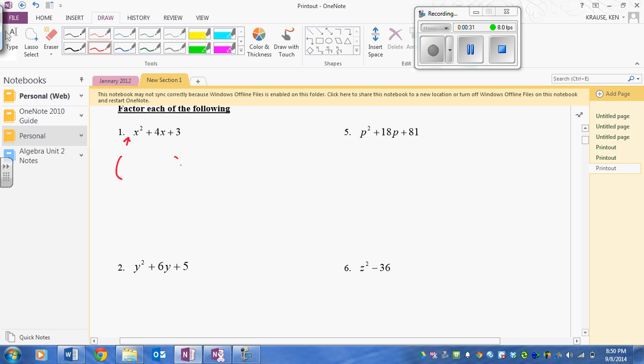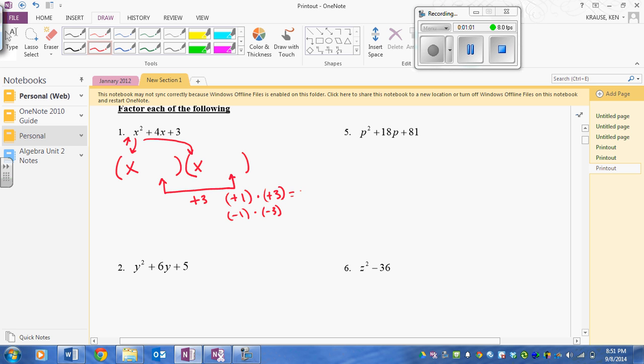You're just going to factor this to split up to be x times x. And these have to multiply to positive 3. Well, the only way to multiply to positive 3 is positive 1 times positive 3, or negative 1 times negative 3.